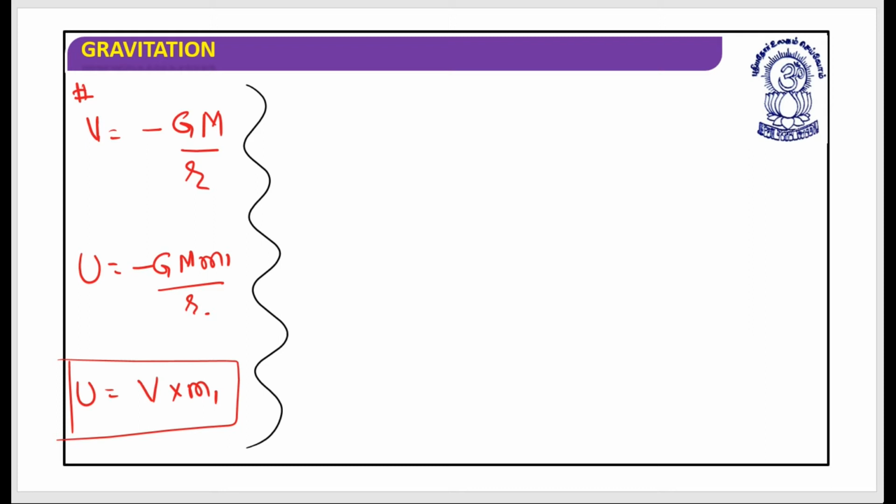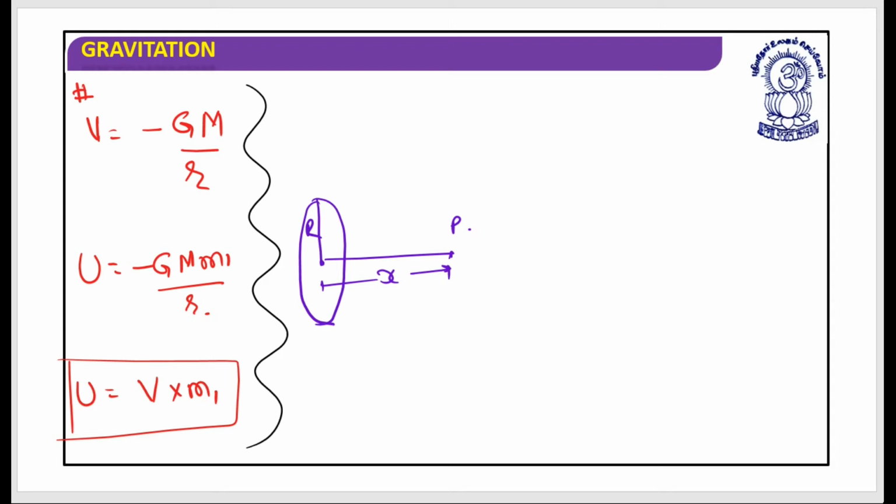Let's have a look. Suppose I have been given a ring, and this is its center, this is the distance on the axis at x, this is point P, and this is the radius r. I hope this is clear.